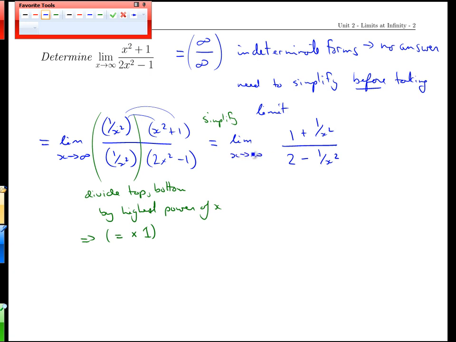As x goes towards infinity, now it's not the case we had before where the entire numerator went to infinity. Here, this expression 1 over x squared, 1 over 10, 1 over 100, think of larger and larger values of x, 1 over a million squared, that part is going to head towards 0, and a number like 0 plus 1 is perfectly reasonable.